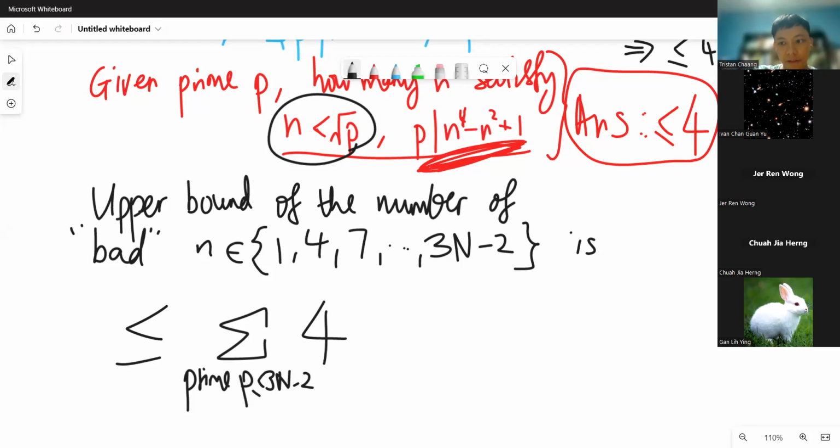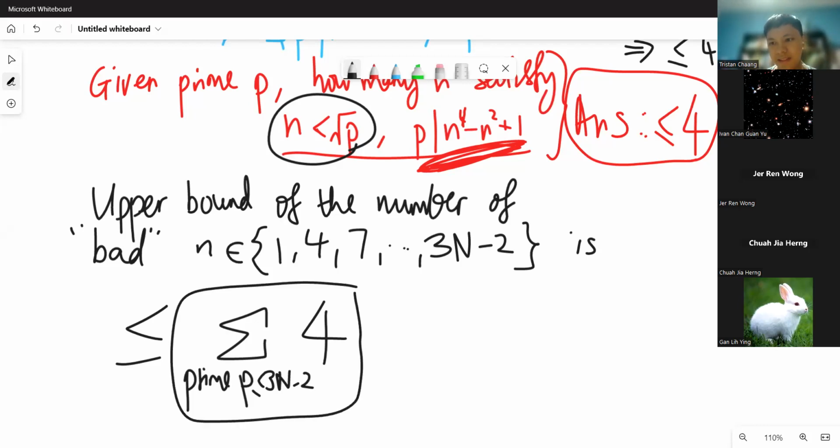So the upper bound for the number of failing n is this thing. Even though there might be overlaps, the overlap just makes it tighter. So this is the loosest way we can bound it. It doesn't matter if for every prime p the four numbers prohibited have overlaps or not, because the union is always less than or equal to the sum of individual elements.